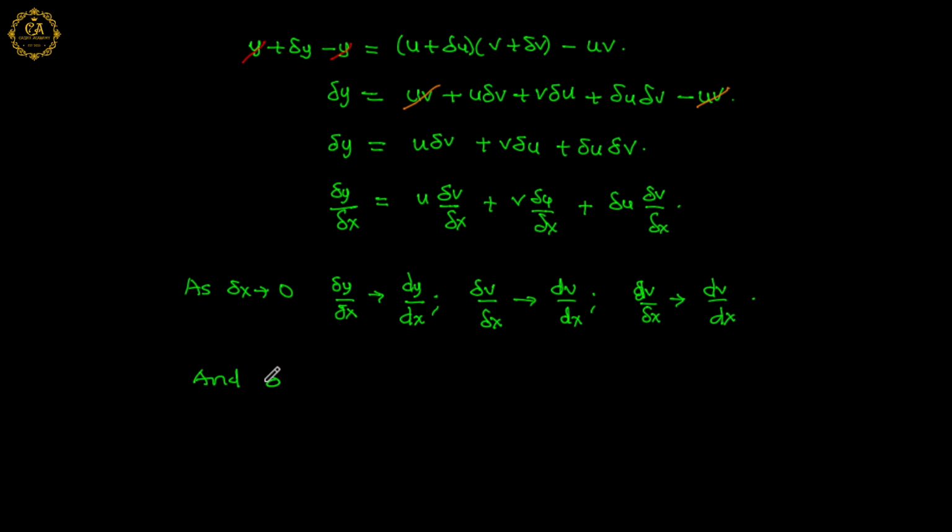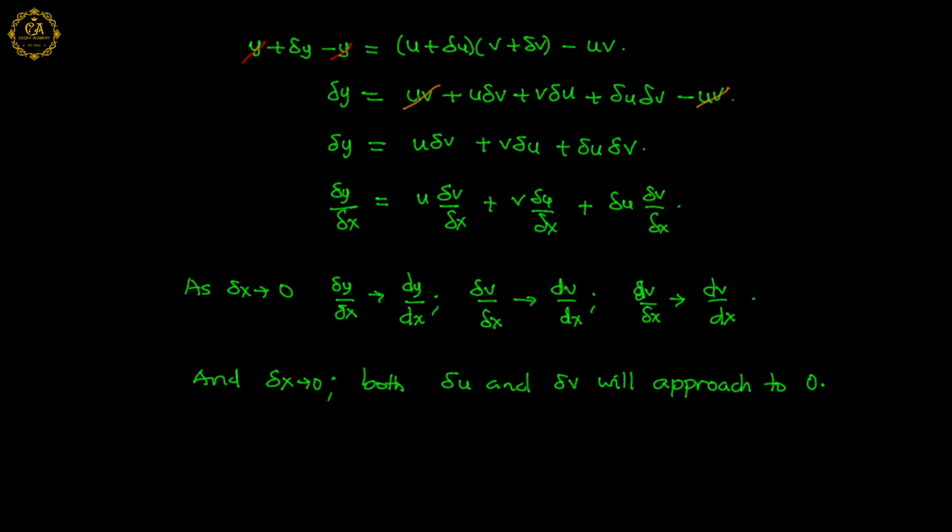Now we also notice that as delta x tends to 0, this quantity here will approach 0, so both delta u and delta v will approach 0. If that is the case, we are replacing this by 0.